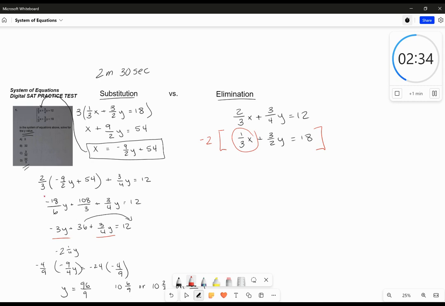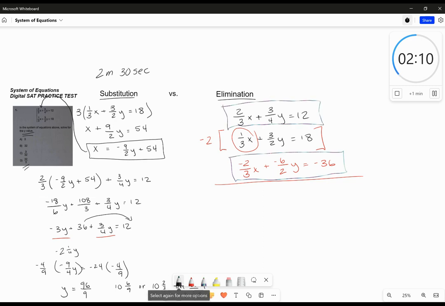So if I were to do that, I would get negative 2/3 x plus negative 6/2 y equals negative 36. Okay, so when you add, let's say, this one and this one together, the x's are going to cancel.